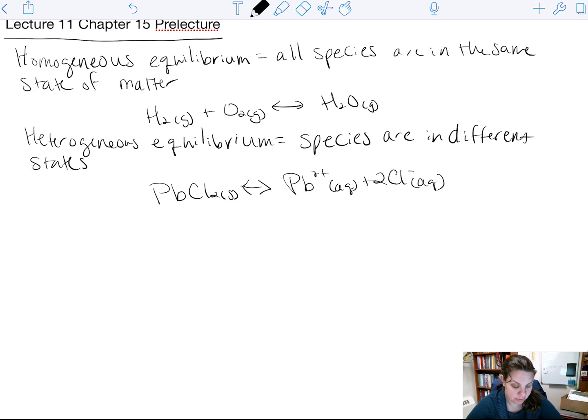So far, we've mostly looked at homogeneous equilibrium, and we've looked at A plus B goes to C plus D. All of those things are in our equilibrium constant expression. However, things that are pure solids or pure liquids will not show up in the equilibrium expression.